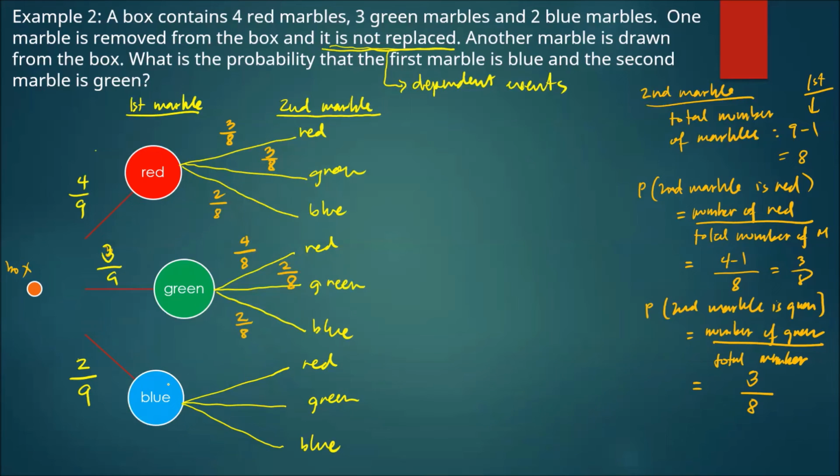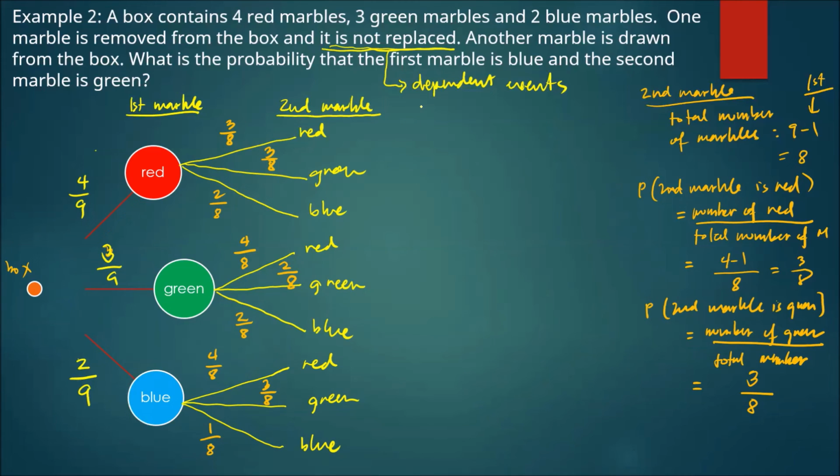Still, there will be 4 because our first marble is blue, and over 8. How many green marbles? Yes, there will still be 3 over 8. And how many blue marbles would there be if our first marble is blue? Okay, since we already removed 1 blue marble from the first pick, then in picking the second marble, we now only have 1 blue marble over 8.